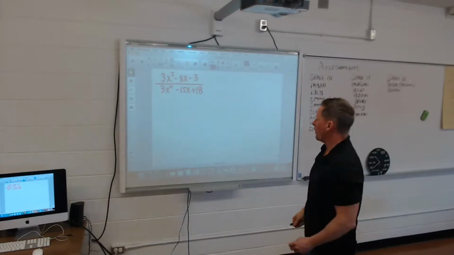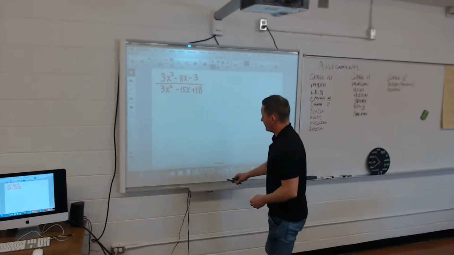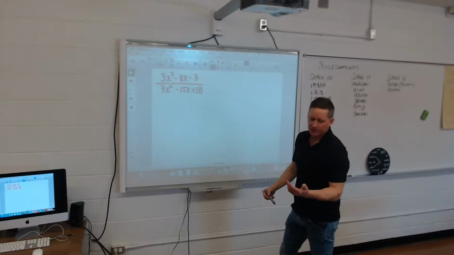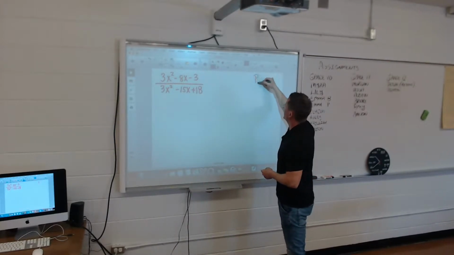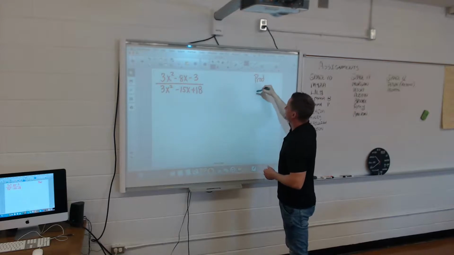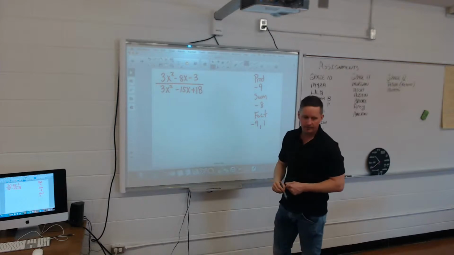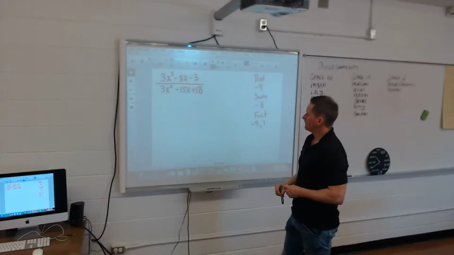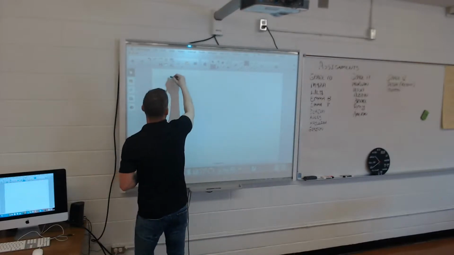Okay, so factoring wise, the top one, we can't take out a greatest common factor. So the long way to do it would be this. Product is negative 9, sum negative 8, factors negative 9 and 1, right? Okay, I'm going to rewrite this on a different board.